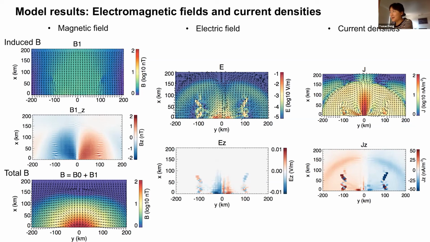So I don't think we can completely answer the question of how the field-aligned currents close. But at least as shown in these model results of the current density, some of it does return to the ionosphere.